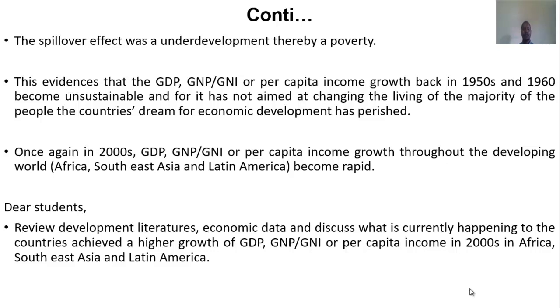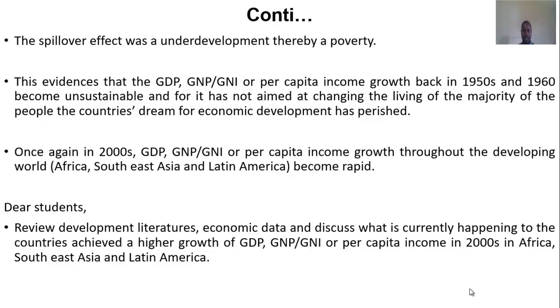Maybe it was growing because the West pumped money in terms of grants and borrowings into those developing countries. Therefore, the point we are raising is that GDP, GNP, GNI, and per capita income can show an increase in economic growth, but they cannot guarantee economic development.